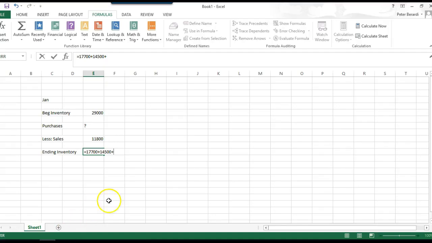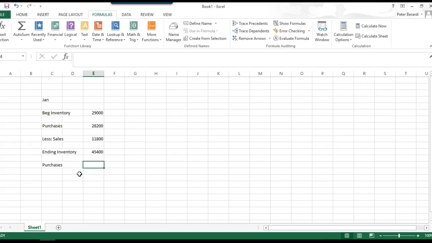So, ending plus sales minus the beginning equals purchases. And just to make sure, 29,000 plus 28,200 minus 11,800 equals 45,400.